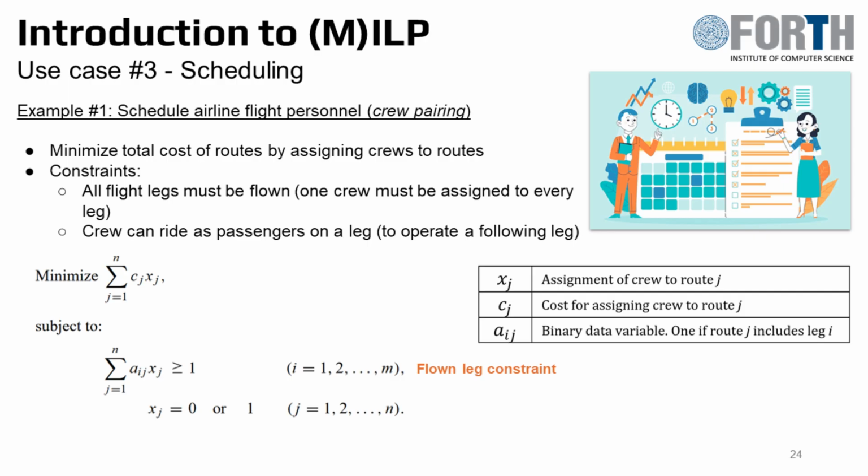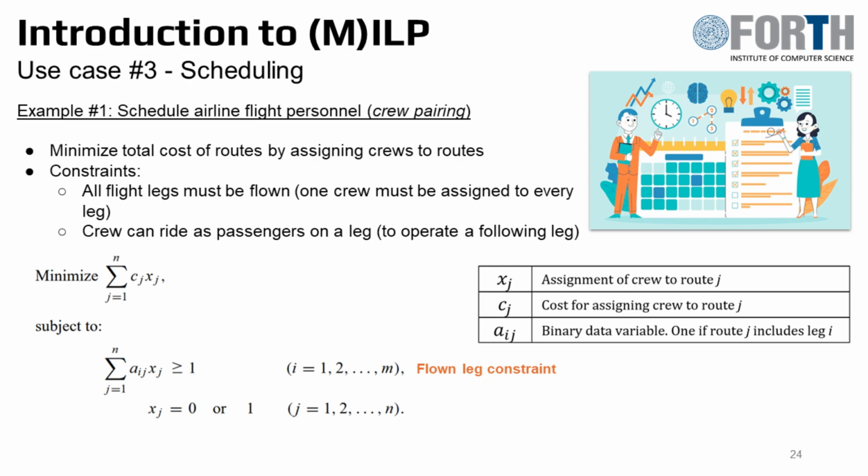Previously, we required that every leg be covered exactly once, meaning exactly one selected route must include that leg. With crew riding allowed, the constraint is relaxed. Each leg must still be covered, but it may now appear in more than one selected route. Operationally, this means that one crew operates the leg, while another crew might ride as passengers on the same flight.